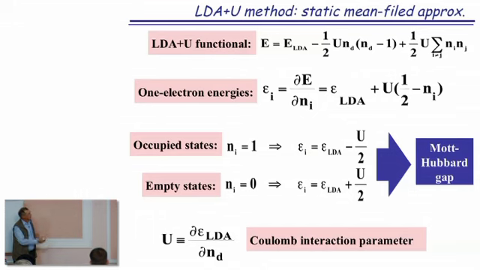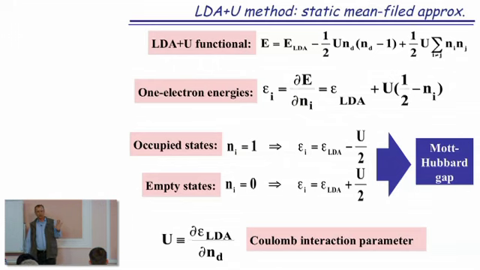So that is the effect. Now, the energy of the orbital depends on the occupancy. While in density functional all electrons have the same energy, the same potential, independent of occupancy, occupied or unoccupied, now occupied states will be shifted down and unoccupied states will be shifted up. And that gives us a Mott-Hubbard gap equal to U between occupied and unoccupied states, or between the lower and upper Hubbard band.